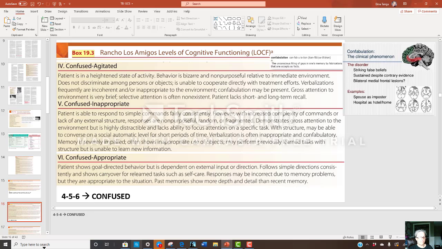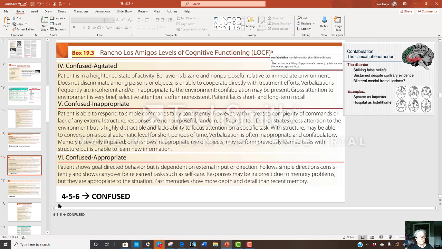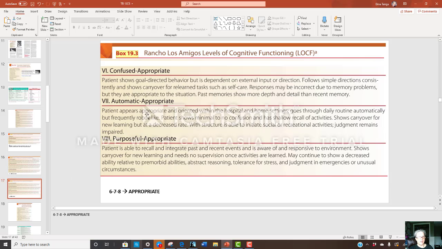Agitated, inappropriate, appropriate. Okay, so here's where we get some redundancy. Confused, appropriate, because now we have appropriate, appropriate, appropriate. So 4, 5, and 6 is confused, confused, confused, and then 6, 7, and 8 is appropriate, appropriate, appropriate. You will never, ever forget this. I'm telling you, I'm drilling it into your head.